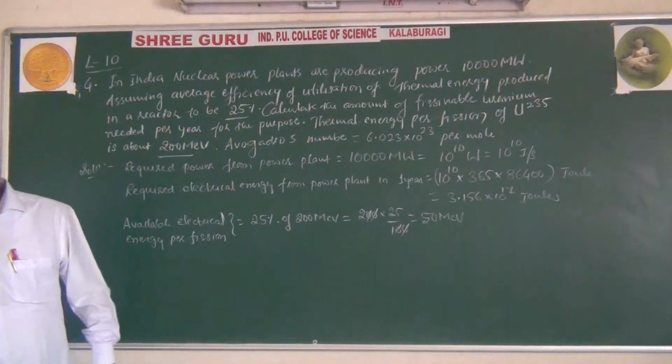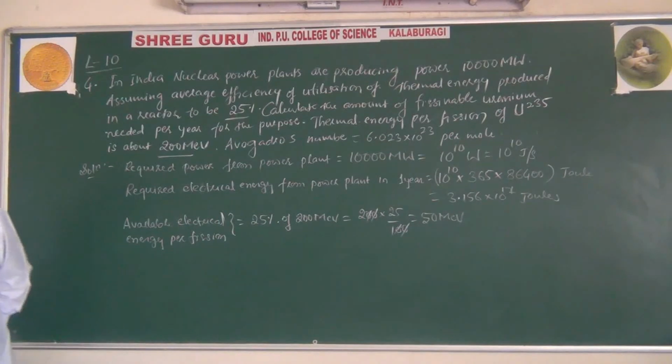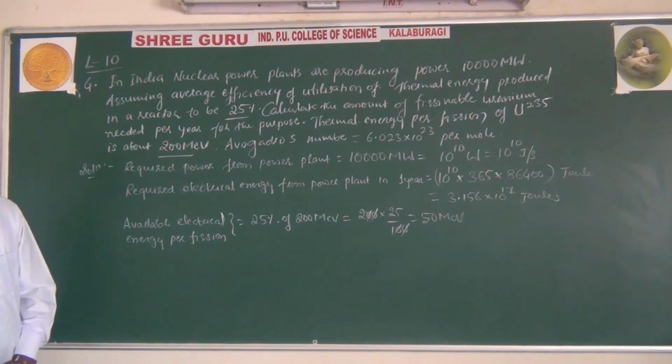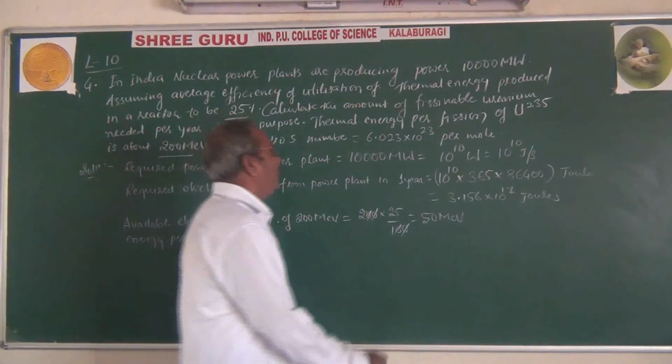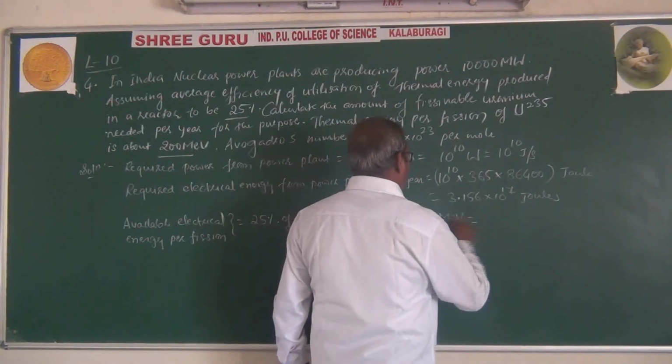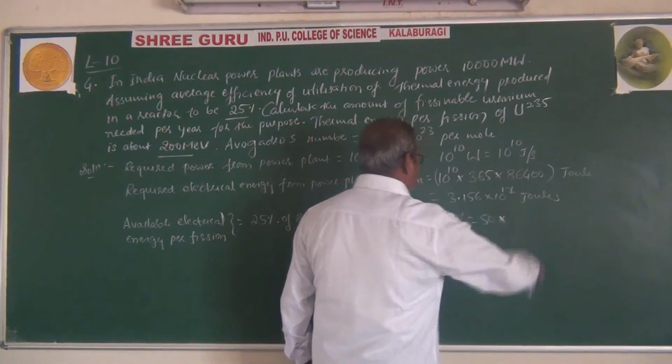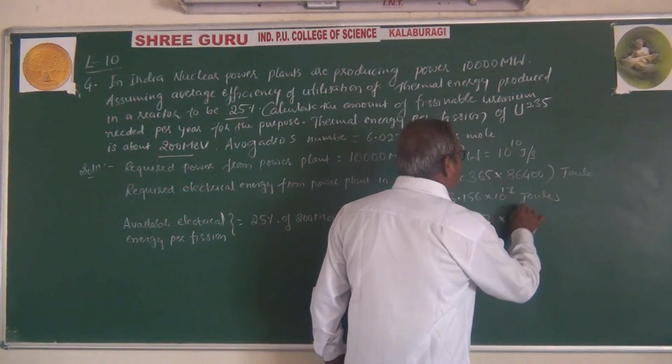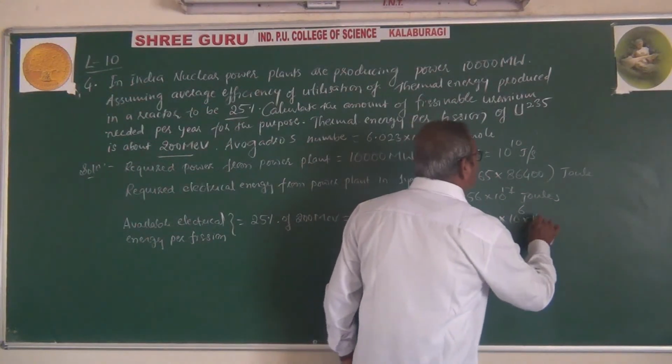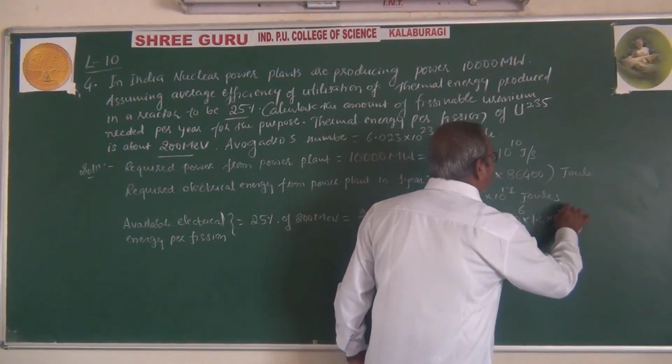How much will it be? 50 mega electron volt. So therefore the number of moles needed. We will go first. If you want this, you have to convert it in terms of joules, and that is 50 into mega, which is 10 raised to 6, into electron volt, which is 1.6 into 10 raised to minus 19.